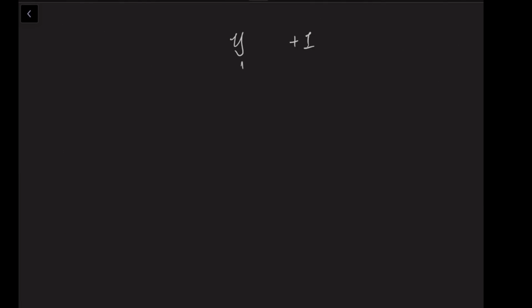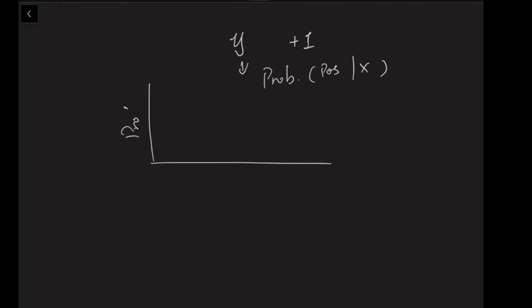We can interpret y as the probability that the sample belongs to the positive class. If this is the probability, we would like it to increase to 1.